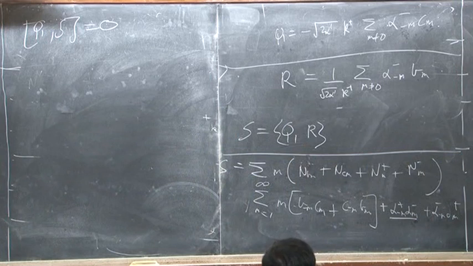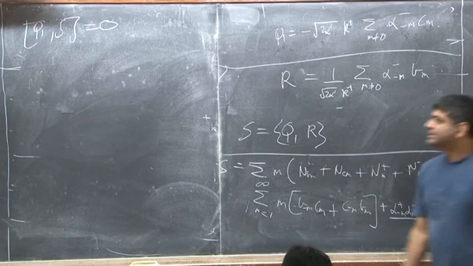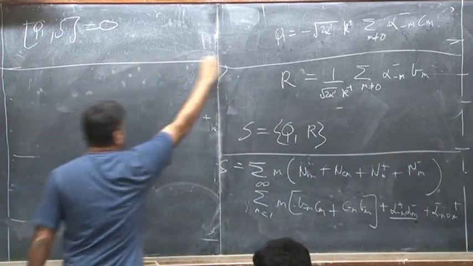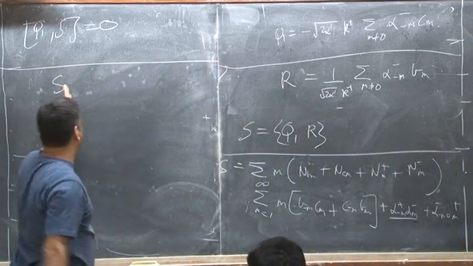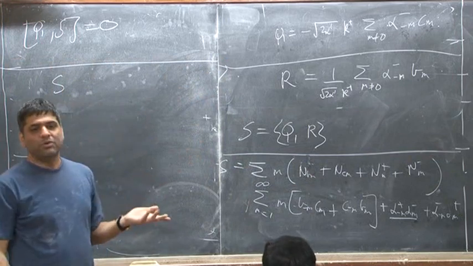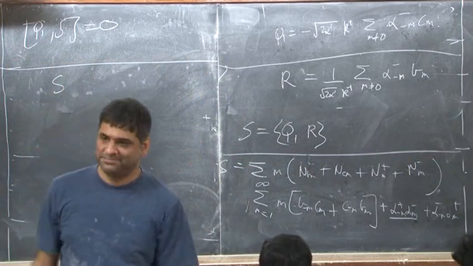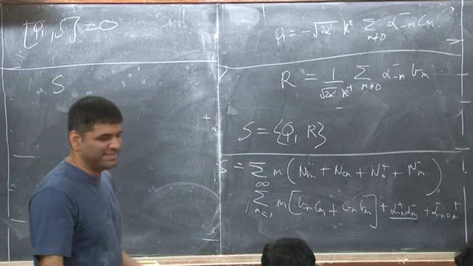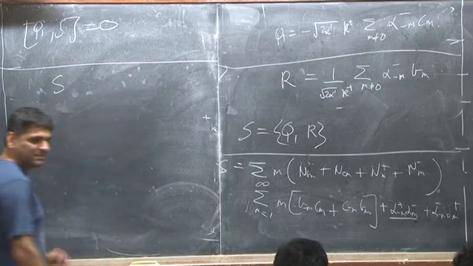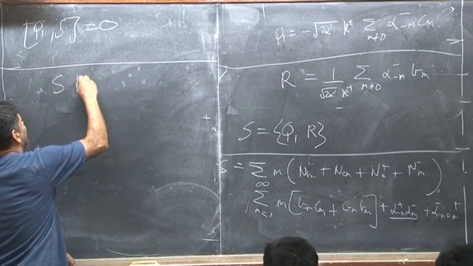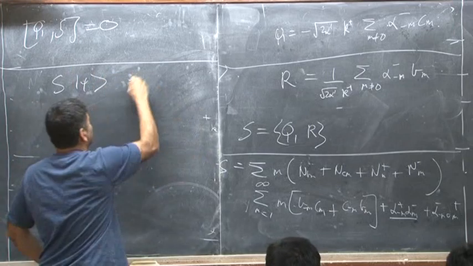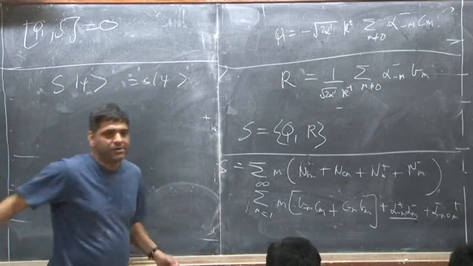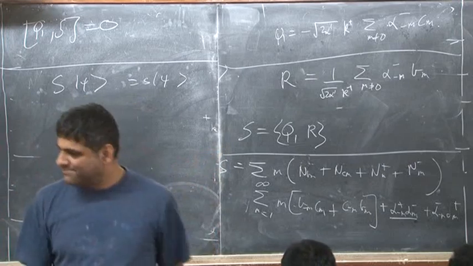Now, we also can see that S is a Hermitian operator whose eigenspace is every integer. So we can work in a basis where S on psi is equal to little s on psi, with s running from 0 to infinity.